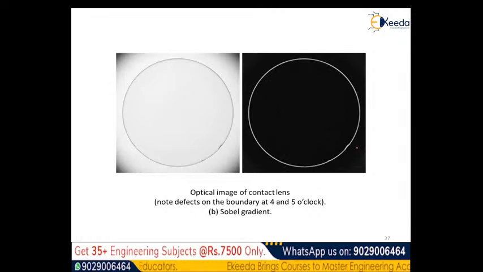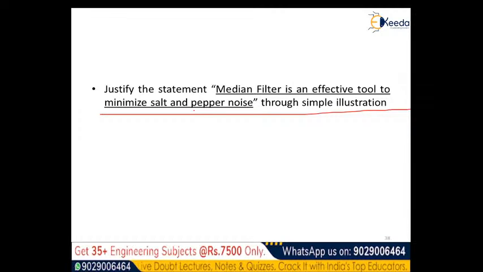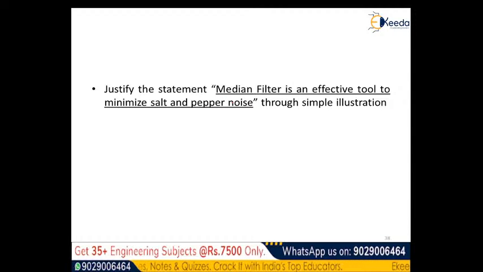Now coming to what type of questions can be there in your examination. With respect to basic spatial filtering, the question can be like: justify the statement that the median filter is an effective tool to minimize salt and pepper noise through a simple illustration. As we are provided such a question in our examination, we have to justify this statement, and for this justification we have to make use of a simple illustration.